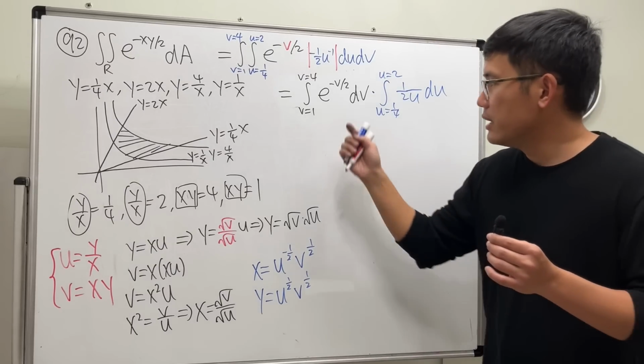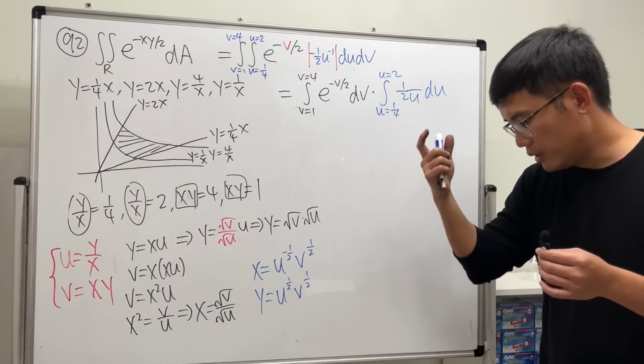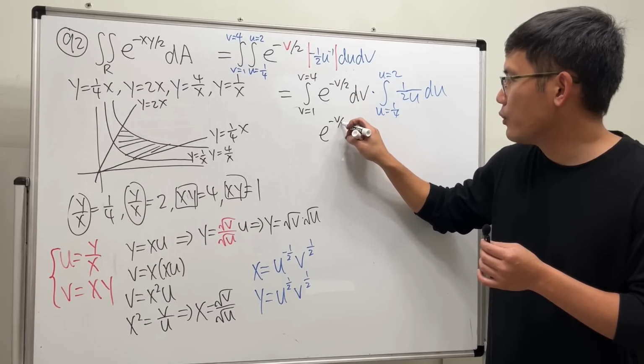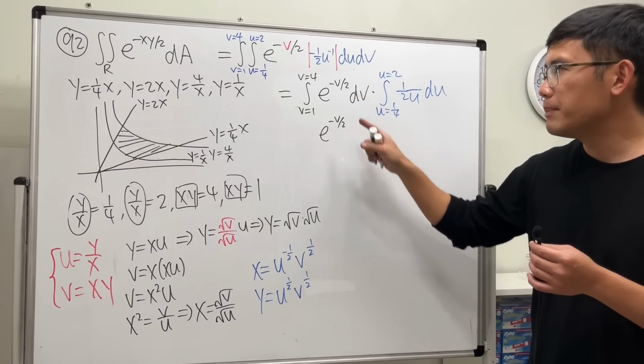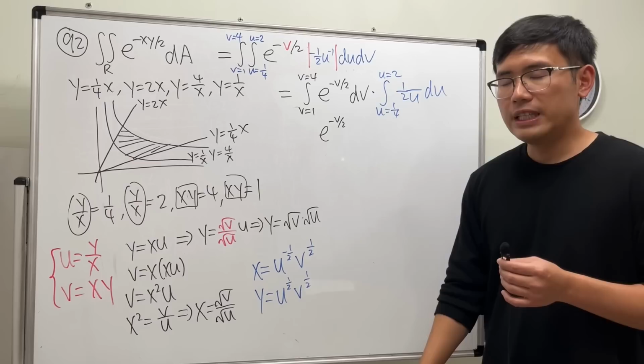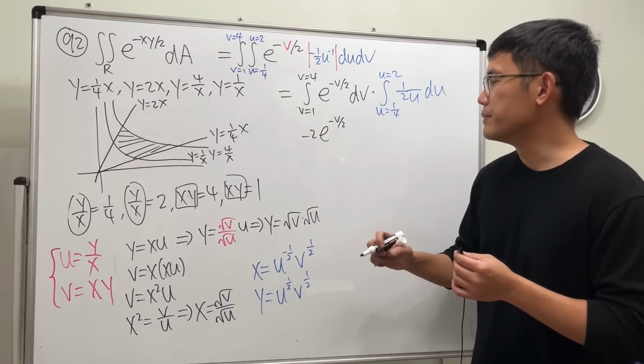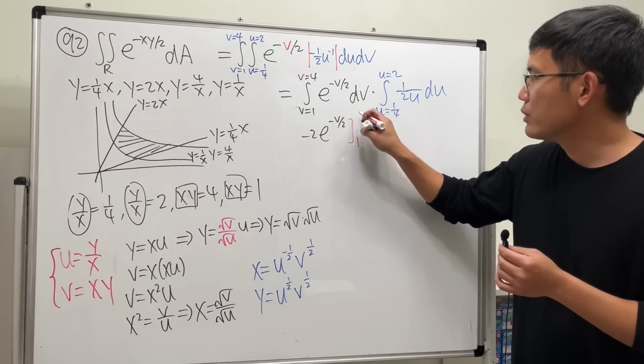And the good thing is, if you integrate this, integrate that, multiply it, you get the answer. Integrate this, we have e to the negative v over 2, but we will have to divide it by the derivative of this, which is dividing by negative 1/2, which is the same as multiplying by negative 2. And then we go from 1 to 4.